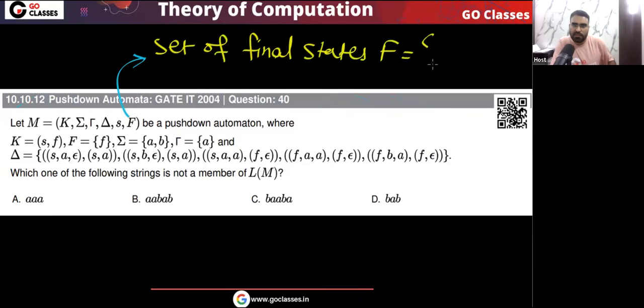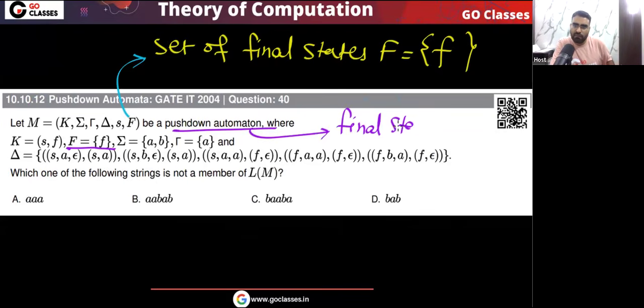Set of final states F, and that is only one state. You can easily see here. So that is the reason I can say that this push down automata is a final state acceptance PDA.